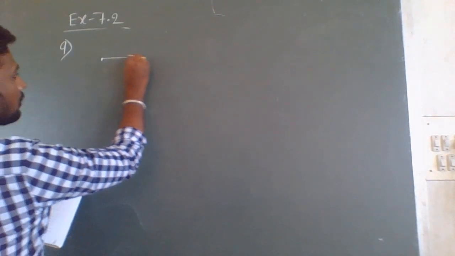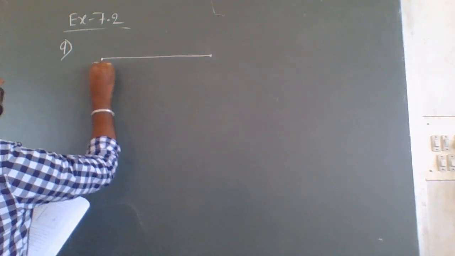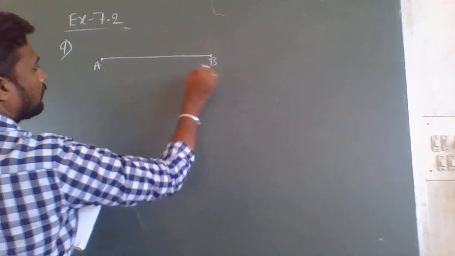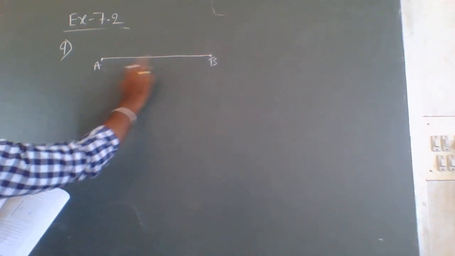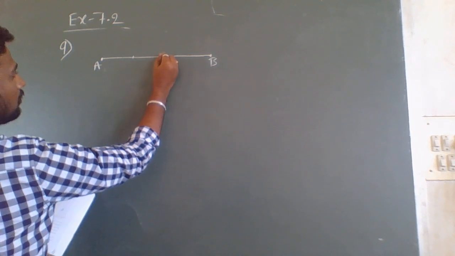See here, this is the line segment AB, and this line segment AB is divided into 4 equal parts.